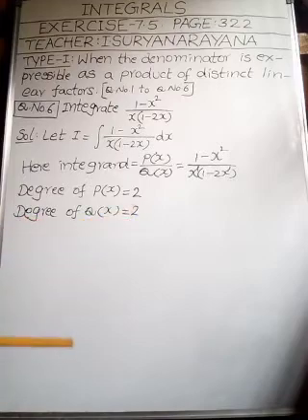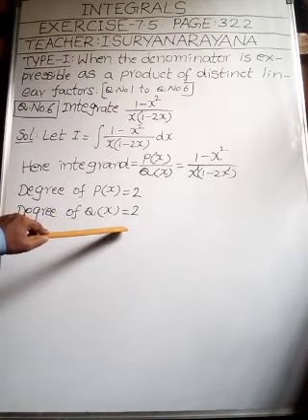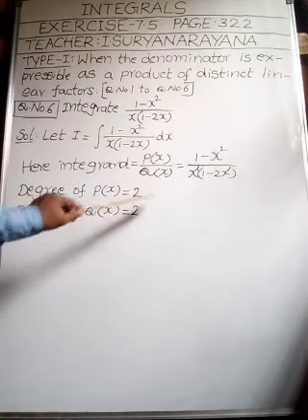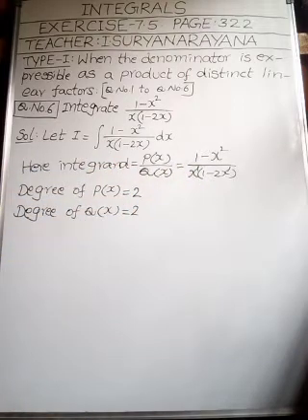Right. Now if you observe here, the degree of p of x is equal to 2 and the degree of q of x is also 2. Then what can you say about this rational function? It is an improper rational function.